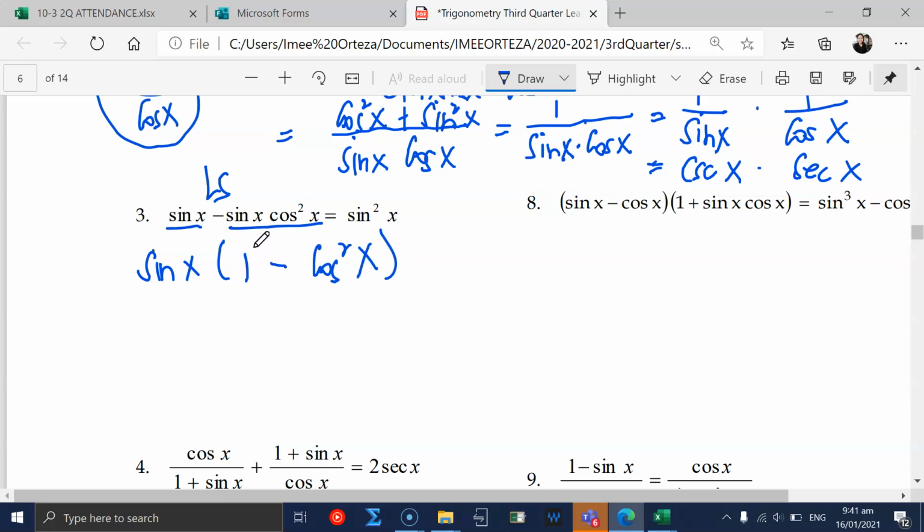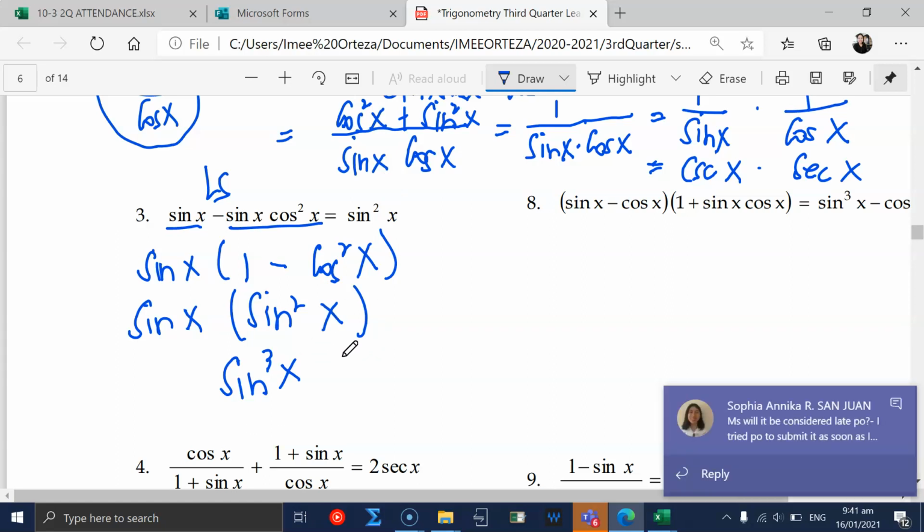Now, the second factor looks familiar. It came from the Pythagorean identity. So it could be written as sine squared x. Okay? And notice that when you put these two together by product, it becomes sine cubed. And that's not the same with this one. And there's no way that they become equal. And so we shall say that this is not an identity.